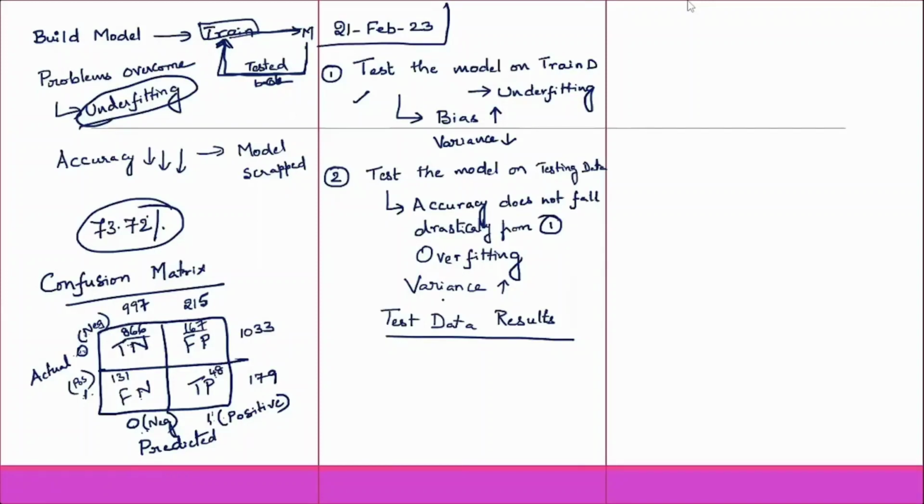But if the drop is 10% or 15%, then it means that on the training data, rather than doing some kind of learning, there was a kind of rote memorization that has happened, and that's the reason when I gave new testing data, the performance was not that great. So these are some of the things, and we will go with the metrics.